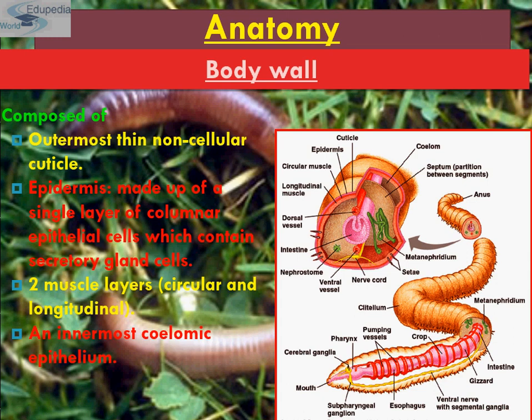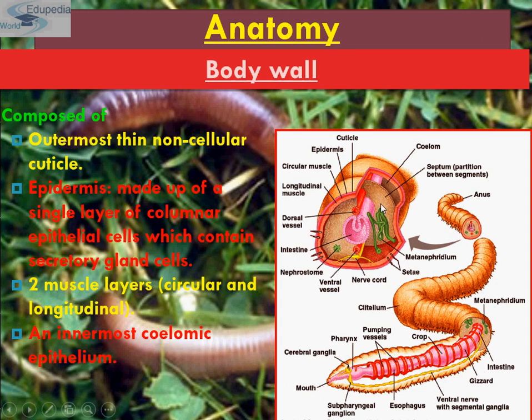The epidermis is made up of a single layer of columnar epithelial cells which contain secretory gland cells. Two muscle layers, circular and longitudinal, are found in the body wall of the earthworm. The innermost is known as the cavity, also known as the coelom.